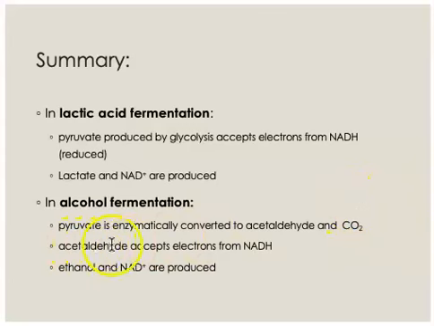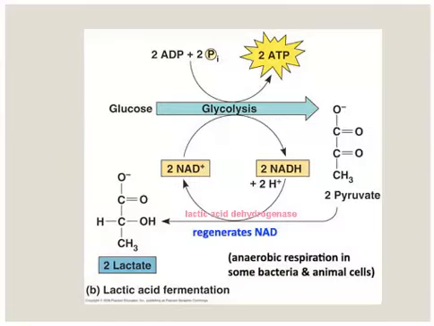Then the acetaldehyde accepts electrons from NADH, gets reduced in other words, and ethanol is the final product. Ethanol is produced as an alcohol, and NAD+ is regenerated. On this slide, we can see the details of lactic acid fermentation drawn out for us.